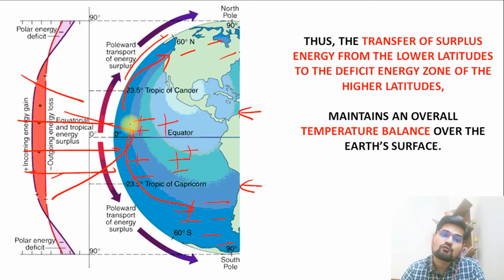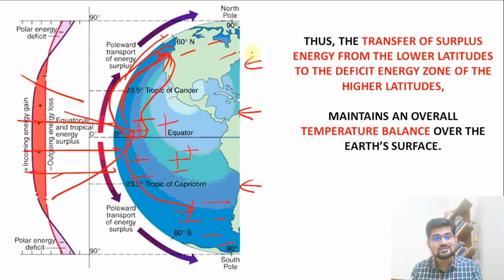So these warm ocean currents go to the polar areas and then cold ocean currents again come back. This is an oceanic circulation system happening. And similarly, the planetary wind systems that we are going to learn in the lectures to come also vary accordingly over the tropics and over the poles. So that is where we understand those important wind factors that are responsible for carrying this energy towards the pole.